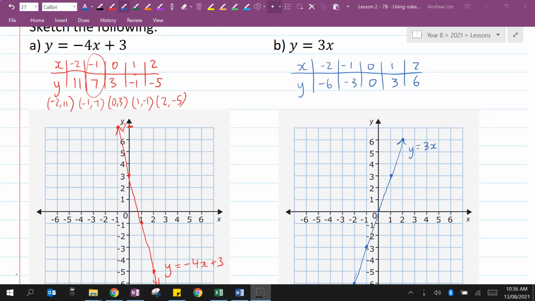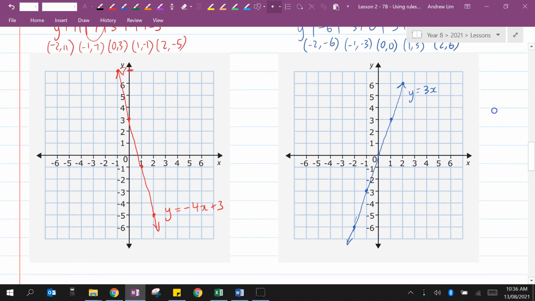Okay, so here is my table of values, and I've plotted these points. Points are minus 2, minus 6, minus 1, minus 3, 0, 0, 1, 3, and 2, 6. Okay, I've plotted those points, and then I've sketched my straight line.